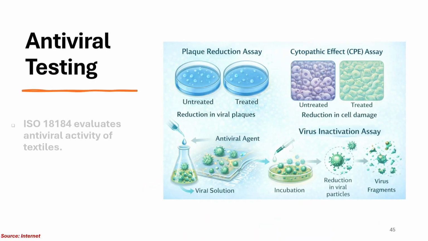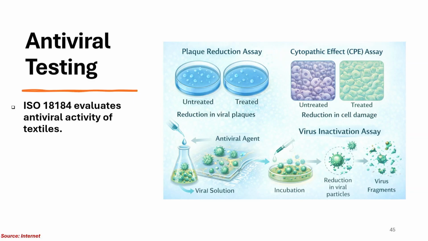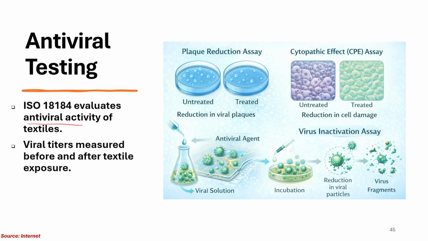Antiviral testing: ISO 18184 evaluates antiviral activity of textile materials. Viral titers are measured before and after the textile exposure, so untreated and treated, looking at reduction in viral plaque.